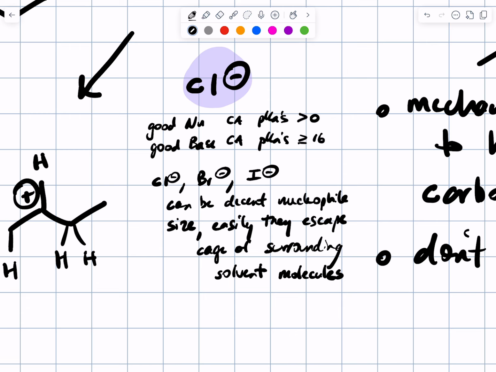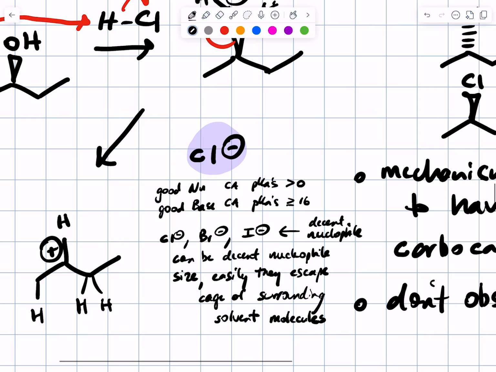But solvent does play a role in how nucleophilic things are. And you can run reactions under conditions where chloride, iodide, and bromide are actually decent nucleophiles. So from now on, on our list, we can include chloride, iodide, and bromide as things that are never good bases, but they can be good nucleophiles.